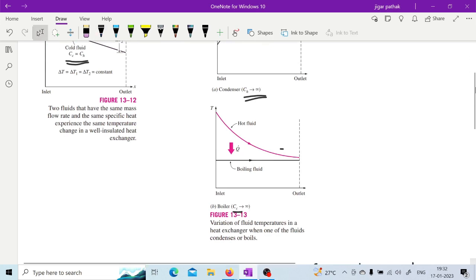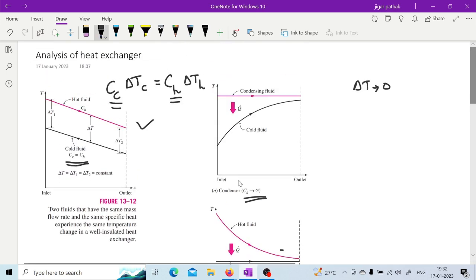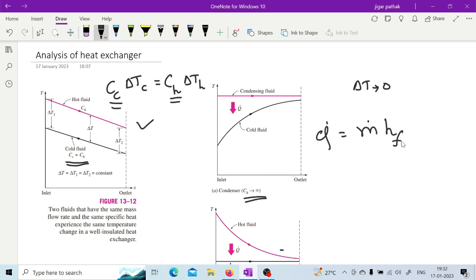So basically in the case of boiling or condensing, the heat transfer is given by the mass flow rate of the phase changing fluid times the enthalpy of the phase change. This is how heat transfer is calculated in that case.